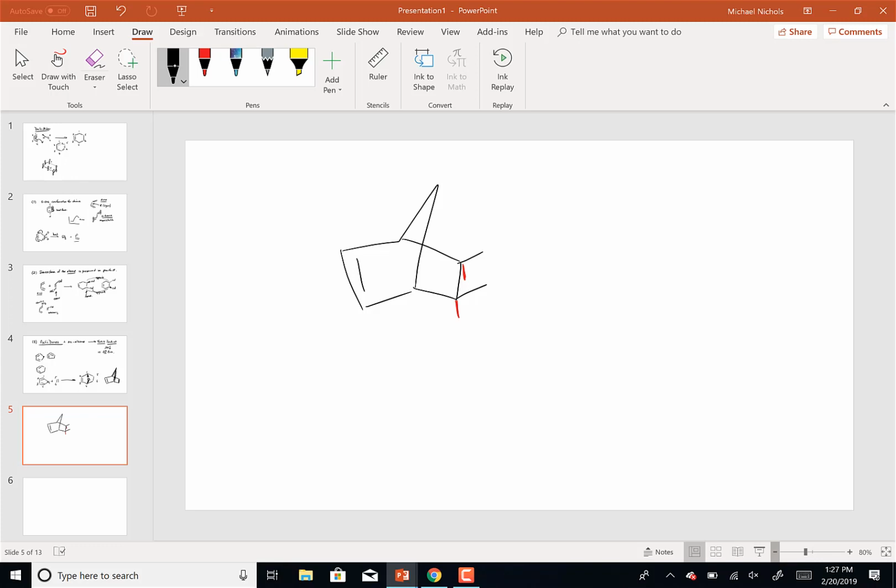Exoskeleton, endoskeleton. One's outside, one's inside. I like to think of this molecule as being in a cylinder, where the groups pointing outside the cylinder are the exo positions, and the ones in the cylinder going down are the endo positions. It's kind of how I remember which one is which.